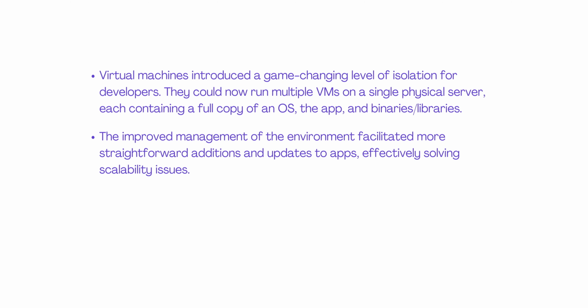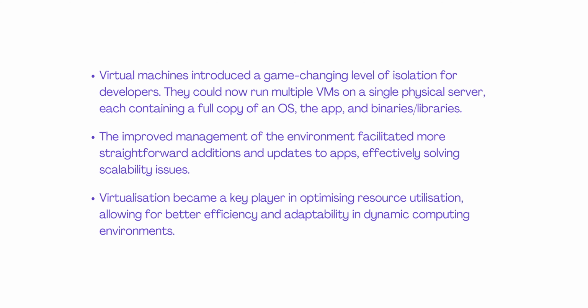The improved management of the environment facilitated more straightforward additions and updates to applications, effectively solving scalability issues. Virtualization became a key player in optimizing resource utilization, allowing for better efficiency and adaptability in dynamic computing environments.